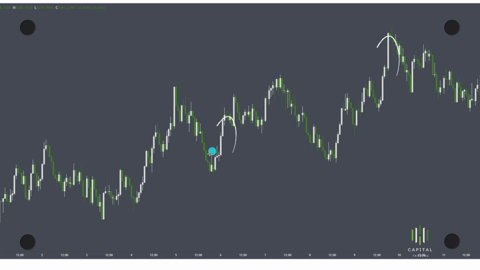So if we see hasty price movements like these ones, what we do is we want to see if price is going to come back at a later stage and whether it's going to find support here on this order block, and then we look for longs here to the upside.